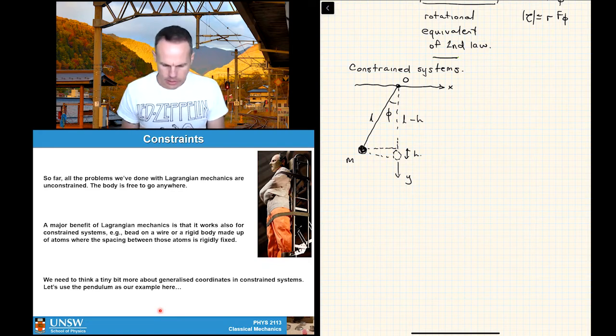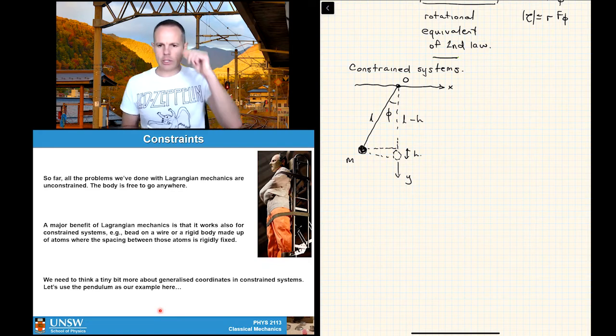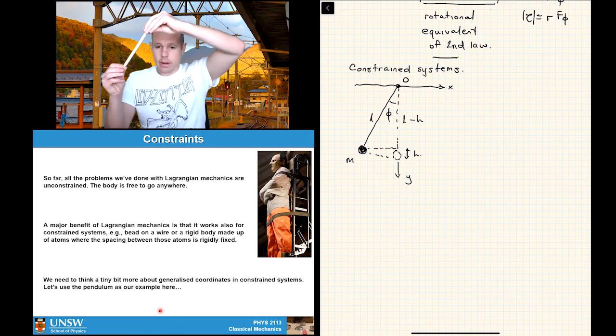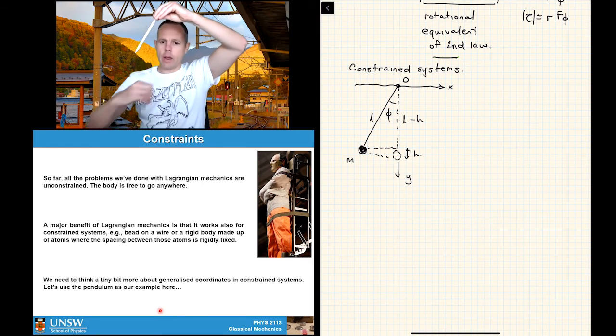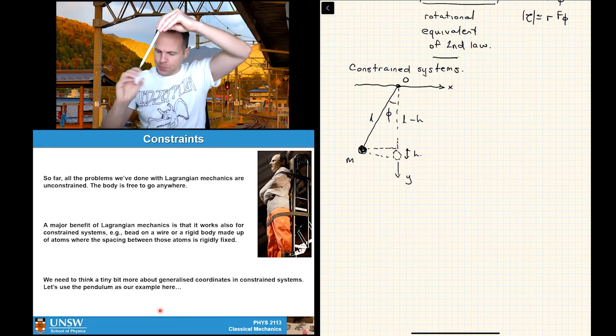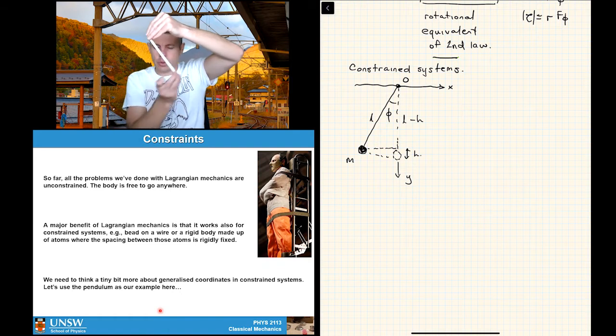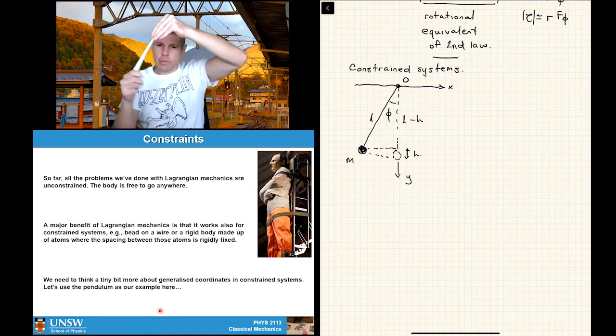Okay, so the system is constrained in 2 ways. You can imagine here what we've got is a body that in principle could go anywhere in 3D space, right? And it doesn't. It's basically just swinging on the end of this rod. So we've got 2 constraints. One is it's not going to go out of the plane of motion of the pendulum, right?